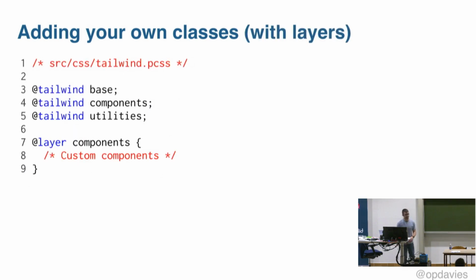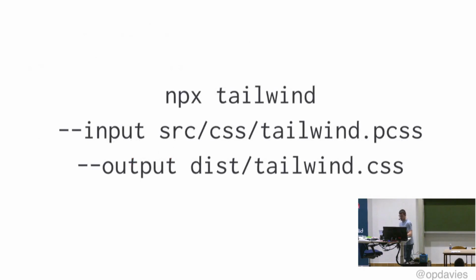There's also this @layer we can use. So we could say @layer components and just put them in there, and it will put it in the right place for us, which is a lot easier. Then if we have an input file, we can say --input. This is our input file. I'm using a PostCSS file, which is why it's .pcss, and then it outputs this other one.